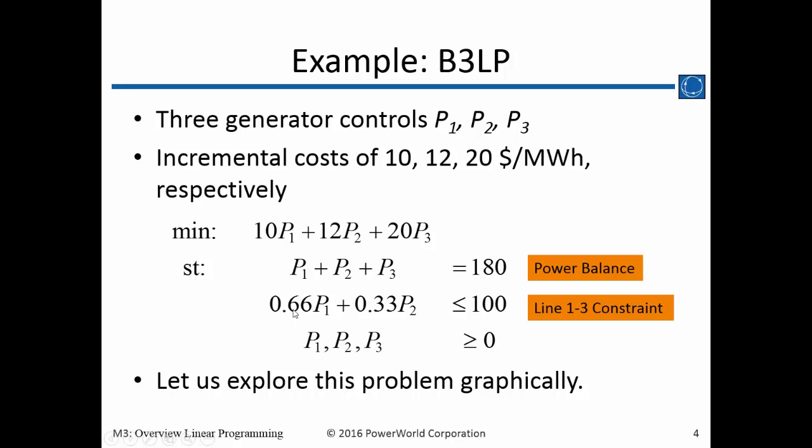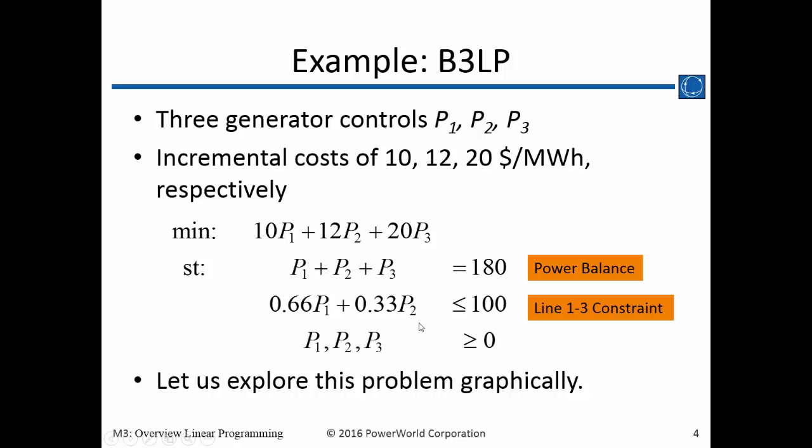The 0.66 and the 0.33 are sensitivities that are associated with binding constraints. And if a constraint is binding, then it becomes part of the formulation. For the other constraints that are not binding, for lines that aren't at their limit, there's no consideration of the sensitivities. We only look at the ones that are binding. And of course, as we mentioned earlier, as it goes through the process of solving, there can be new constraints that get added or removed from the problem.